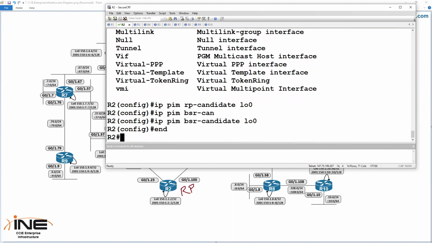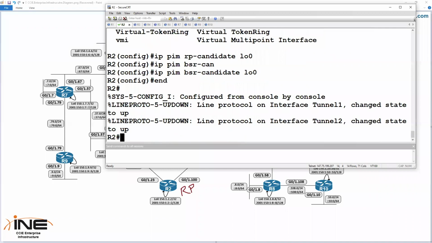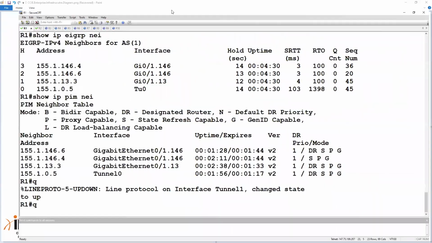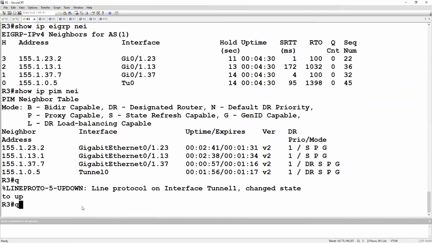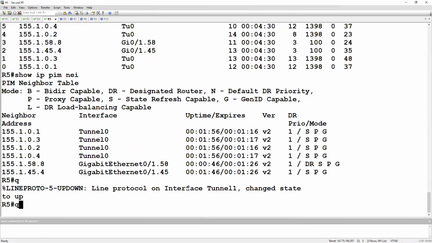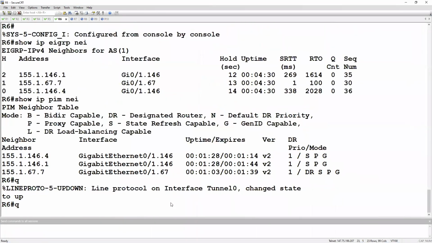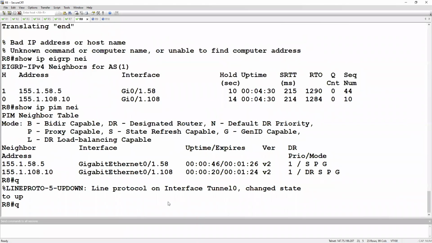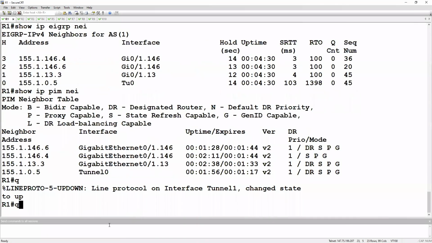Okay, we should now see a log message that we have a tunnel interface that comes up. The tunnel interface is going to be the register tunnel that we're using to get to the rendezvous point. Okay, so everyone has line protocol up, tunnel 1 coming up, which means that they are learning about the rendezvous point. Okay, to verify this though, we're going to look at the show IP PIM RP mapping.